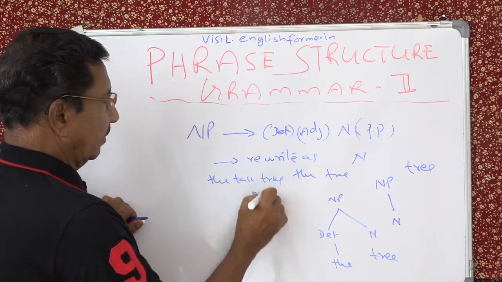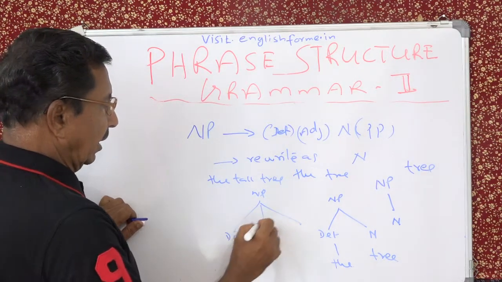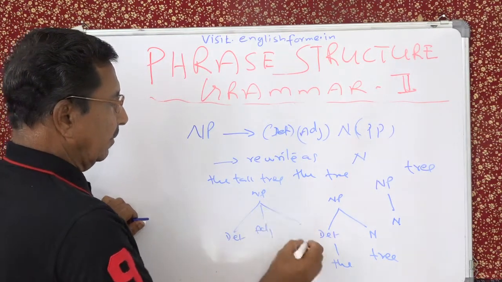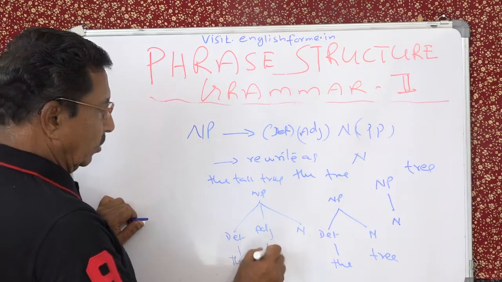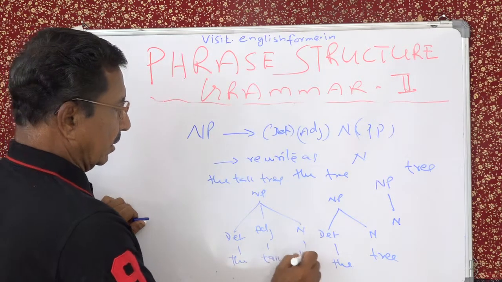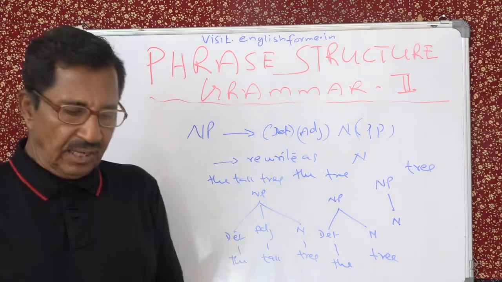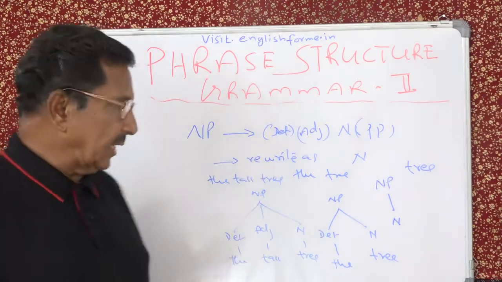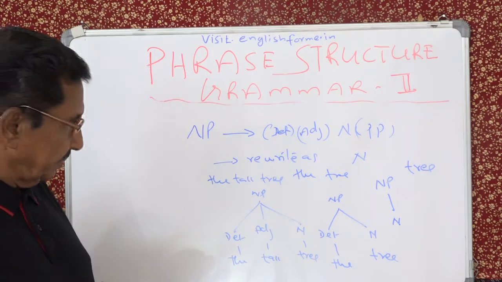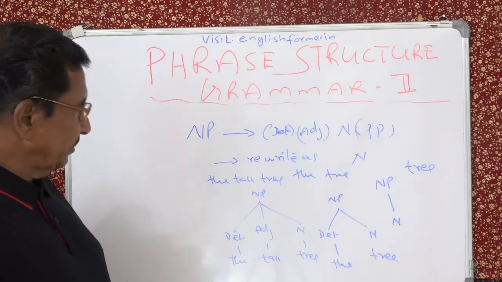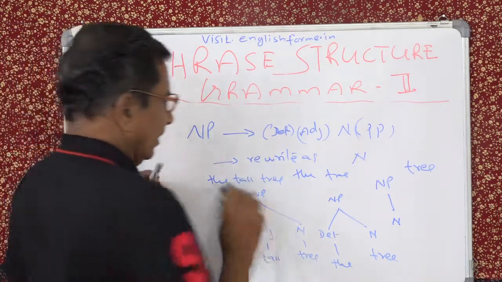NP, you have got the determiner, then adjective, and the noun. The tall tree. So that is. At the final, the last stage when you come, there you get only lexical items. Fine. The tall tree in the garden. Okay. So where will I develop this? Okay. Is it alright?